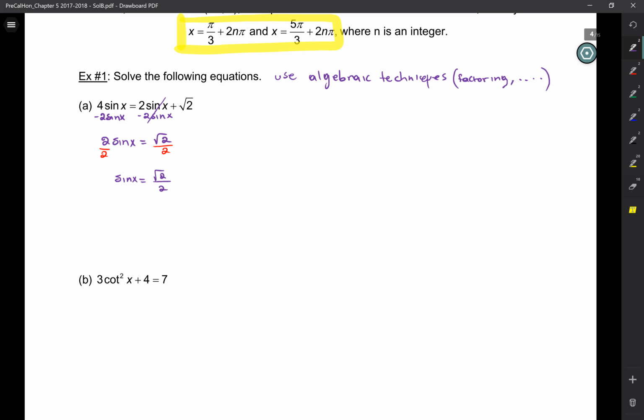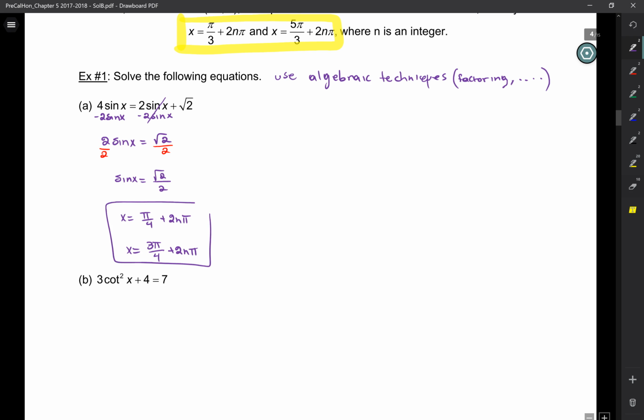Pi over 4 and 3 pi over 4. So x is pi over 4 and x is 3 pi over 4. Now, because it says solve the equations without a limited domain, we assume it's over the domain of all real numbers. So we're going to say plus 2n pi, plus 2n pi. All right? So that entire thing is the solution.